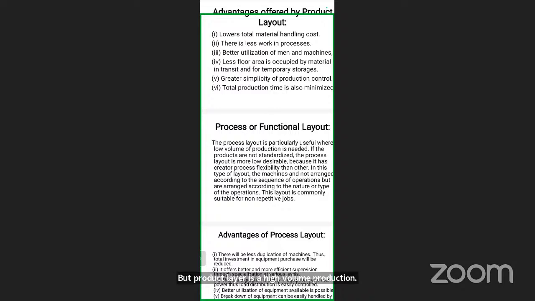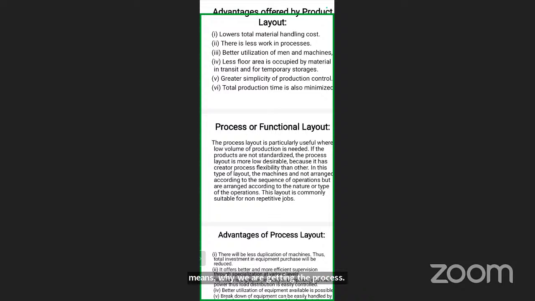In case of process layout, if the products are not standardized, the process layout is more desirable, because it is more flexible than the others. Why is process layout less desirable for high output?